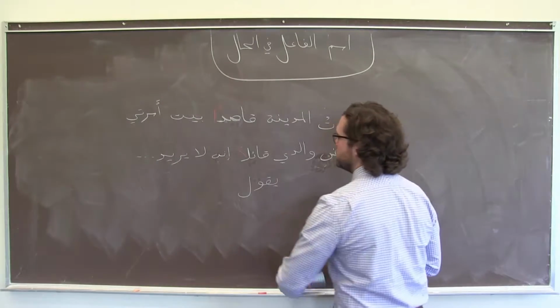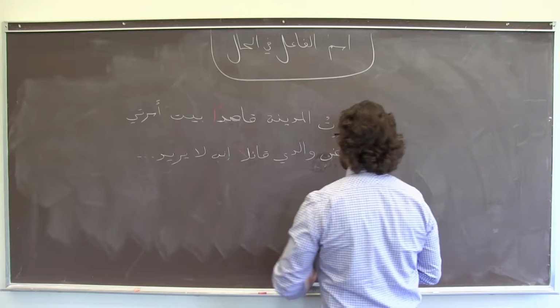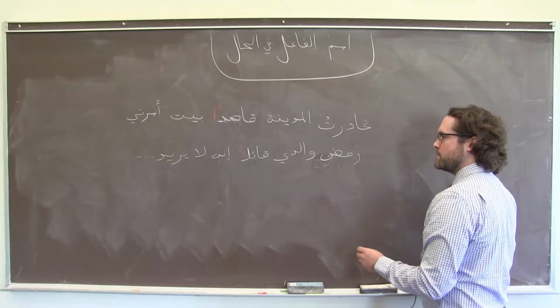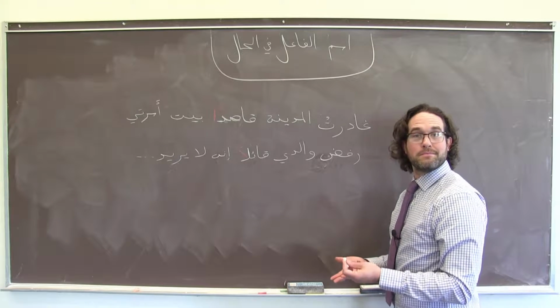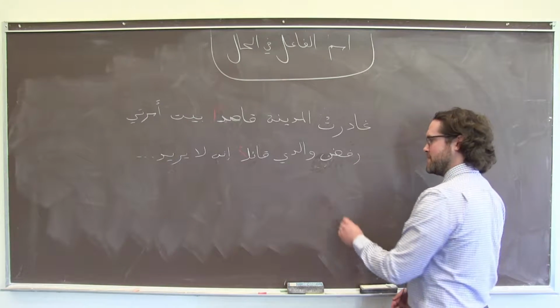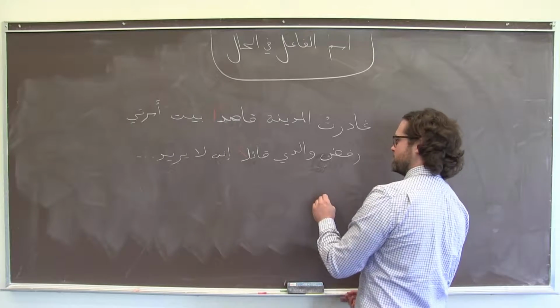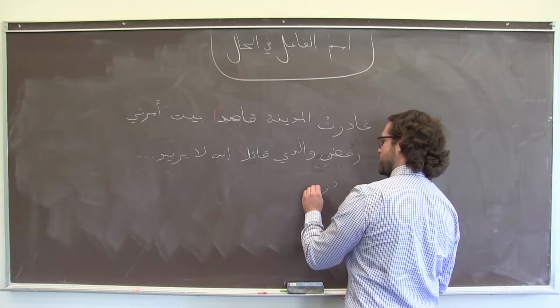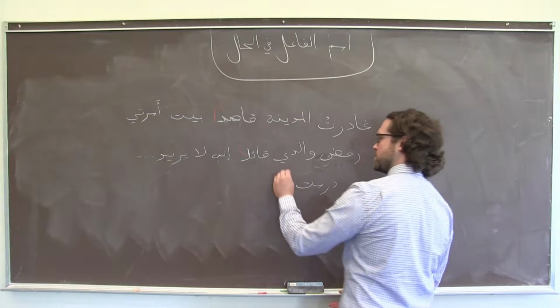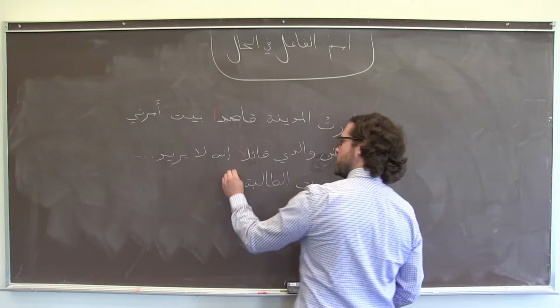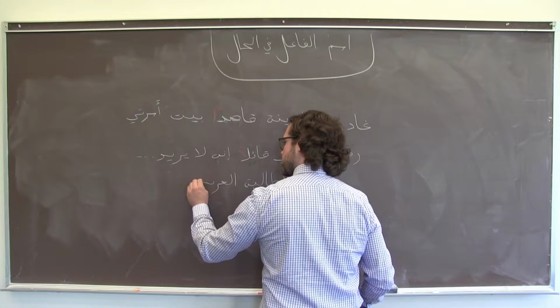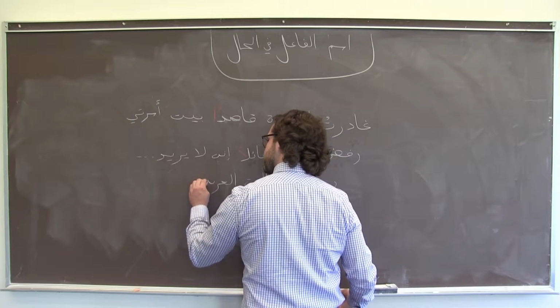One final example. Let's say the student studied Arabic smiling. Smilingly, the student studied Arabic. Let's make it a female student. درست الطالبة العربية.